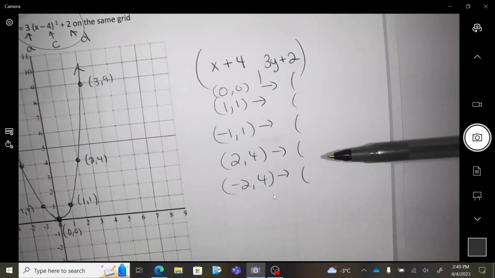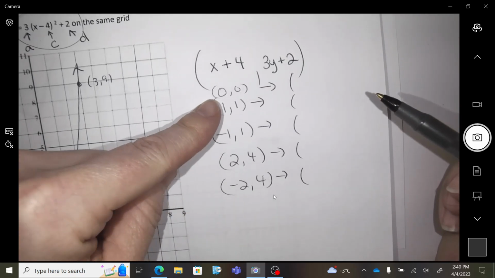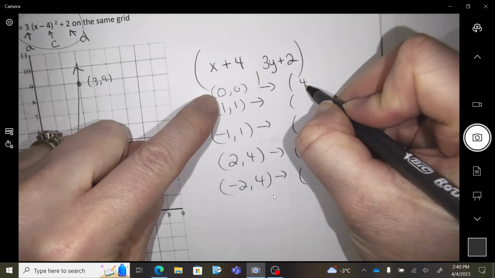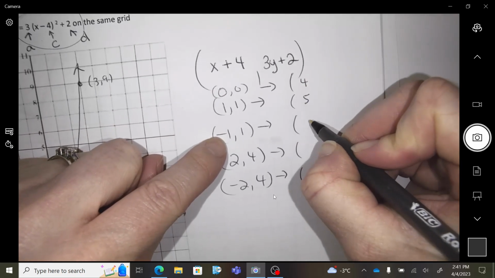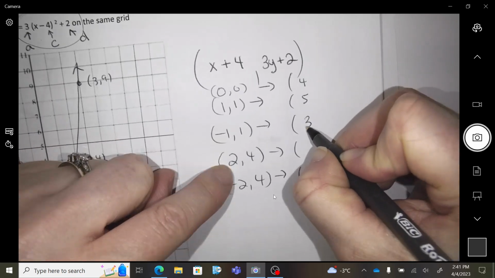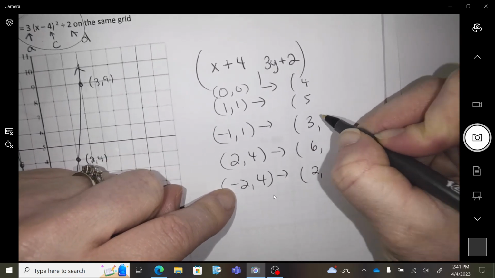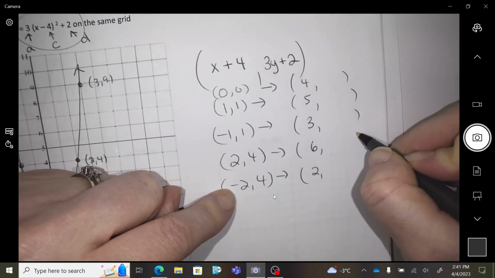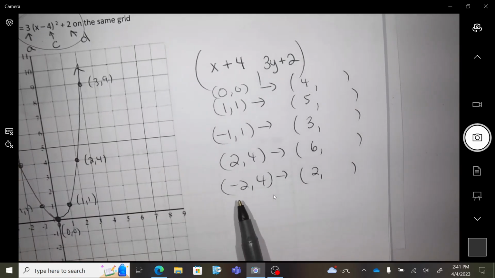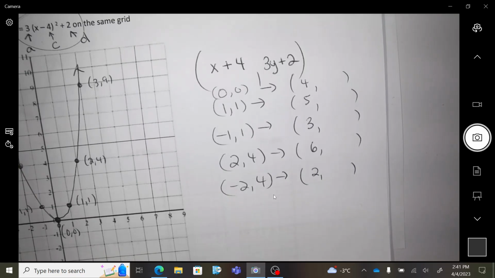I go, let's put all the x's through. So this 0 is 4. 1 plus 4 is 5. Okay, I just go through all my x's and make new x's.